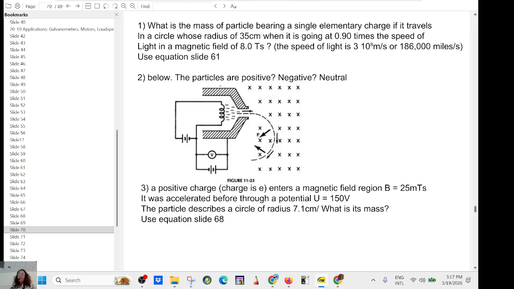Do it. I don't have my tablet. You have to use the equation R equals mv over qB. So do it, don't stare. Do. That's Montessori. Maria Montessori says that you have to do, otherwise you don't learn.